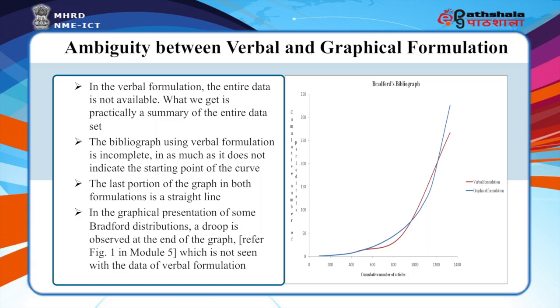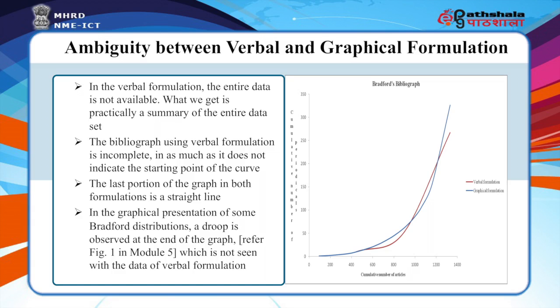Also, you will find that the y-axis stands for the cumulative number of periodicals and the x-axis for the cumulative number of articles. Figure 2. Bradford's bibliograph with verbal formulation. When the graph is drawn with the entire data set, we find finer details which are lost in the graph of verbal formulation.